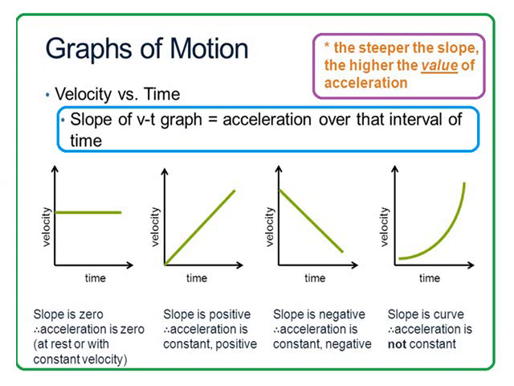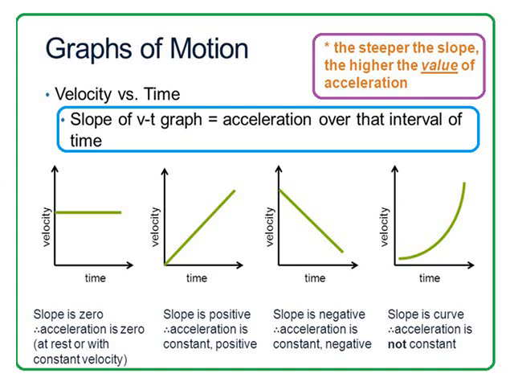Now children, let us analyze more of the velocity time graph as far as the slope is concerned. Previously, you have seen how to find the slope of a line, slanting line, S2 minus S1 divided by T2 minus T1.